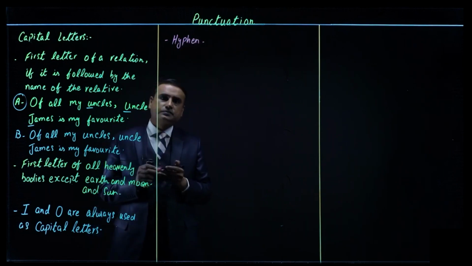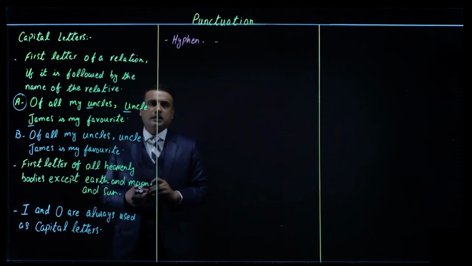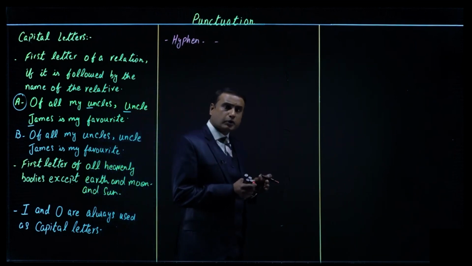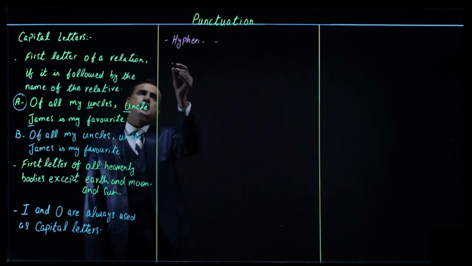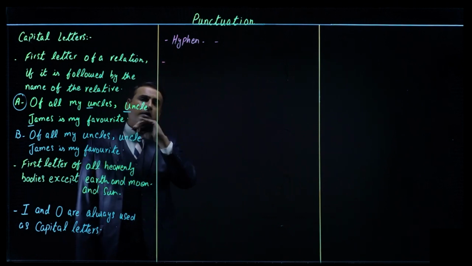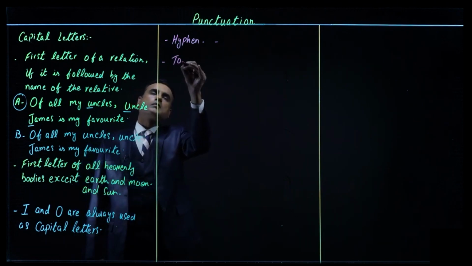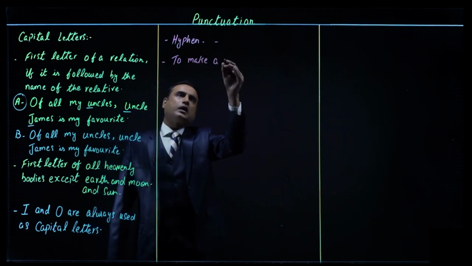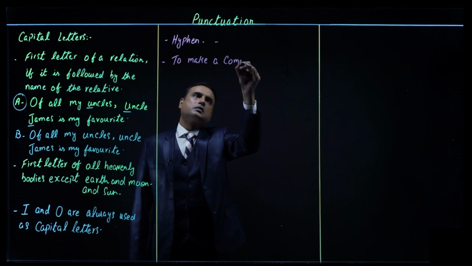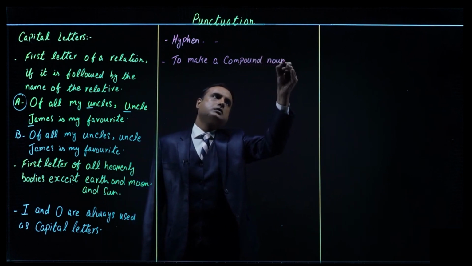hyphen. Hyphen एक छोटी सी डैश है. बेसिकली ये अक्सर आपको कन्फ्यूजन भी होती है कि व्हाट इज़ द डिफरेंस बिटवीन हाइफन एंड डैश. तो ये छोटी सी डैश है और क्यों इस्तेमाल होते हैं? It is used to make a compound noun.